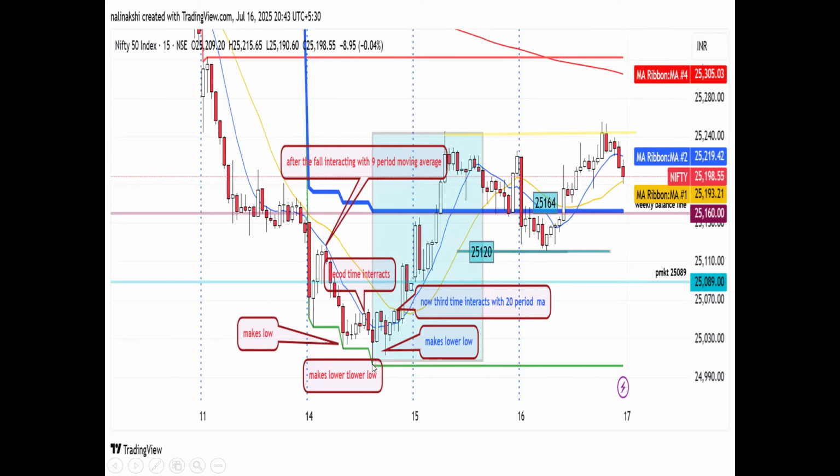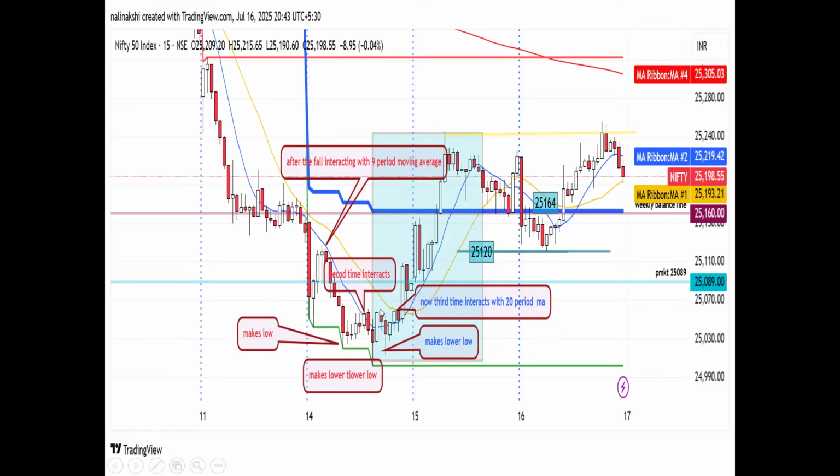Here it made a low. So 3 lower lows, and here you can see after interaction with the moving average, it made an equal high.